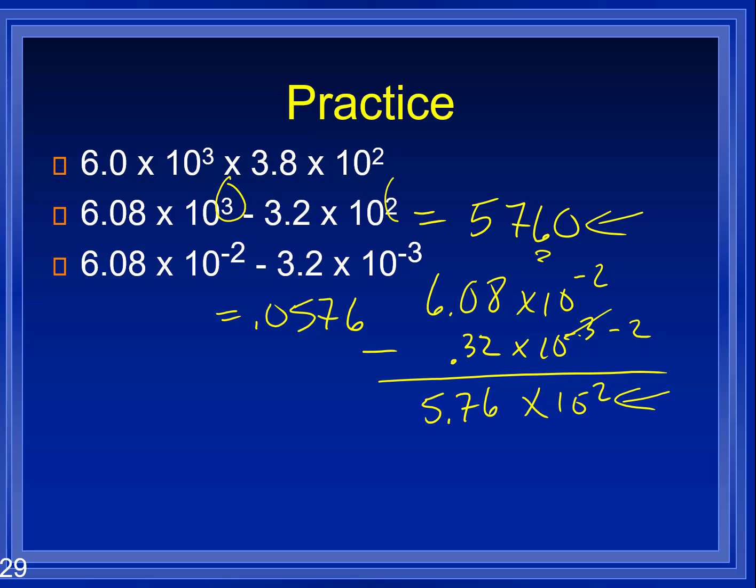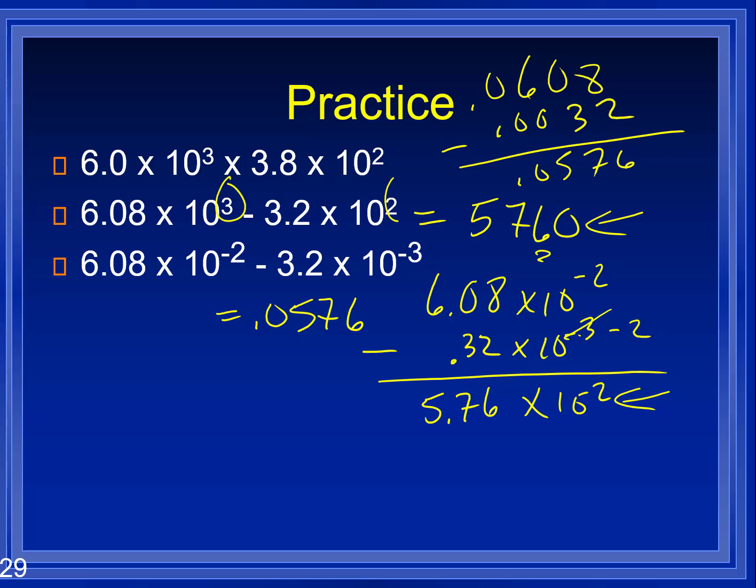Now, we could have done this the long way. 0.0608 minus 0.0032. That gives me 0.0576. Right? We could have taken it out of scientific notation and done the subtraction. We would have got the same answer. Sig figs would have been in the same place.